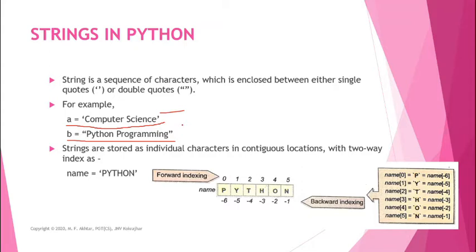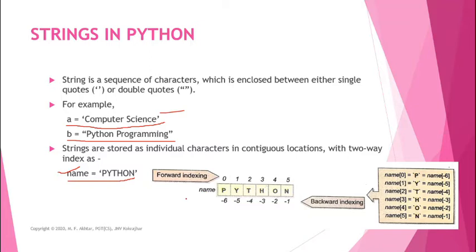Strings are stored as individual characters in contiguous memory locations with two-way indexing. For example, we have created a string variable called name, and we stored the word Python.